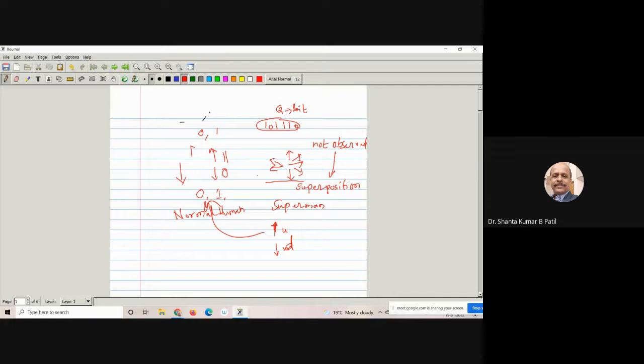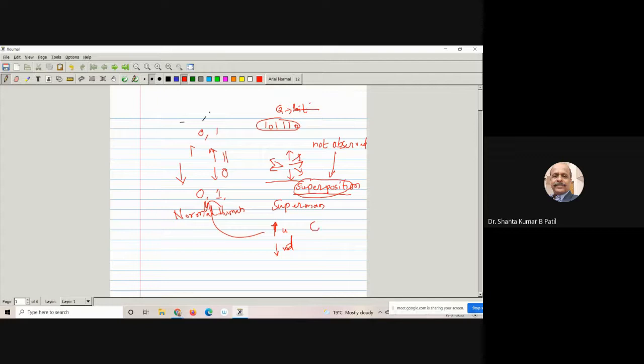So the scientists are working; they want to make use of this superposition feature of the quantum molecule. IBM and Intel are already making use of the superposition features. But maintaining this superposition of the quantum molecule is very expensive. Why is it expensive?